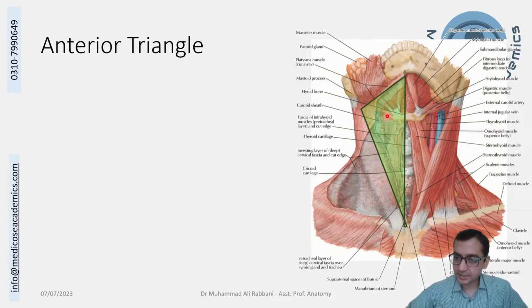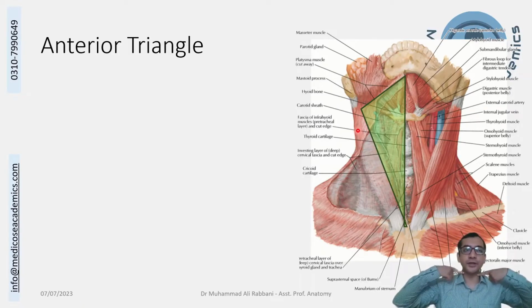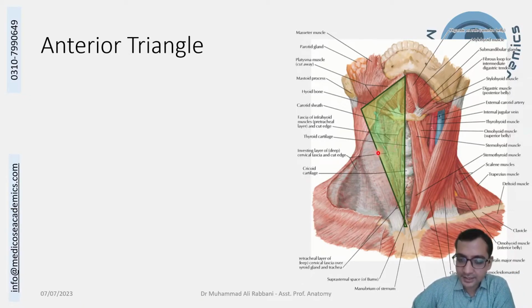Posteriorly, some books say laterally because when you go posteriorly, you're also going laterally. It is said lateral, posterior, posterolateral, and even the word infralateral is used because it's inferior and lateral. So this lateral border is made up of the anterior margin of sternocleidomastoid.